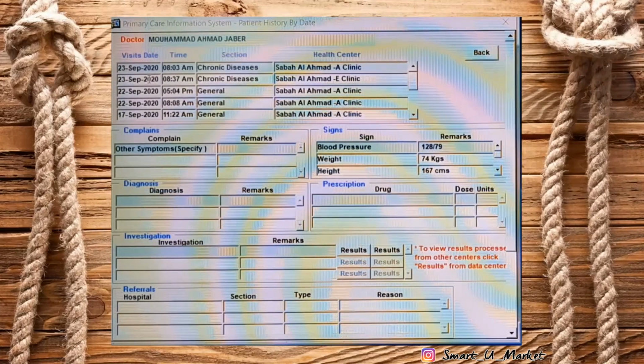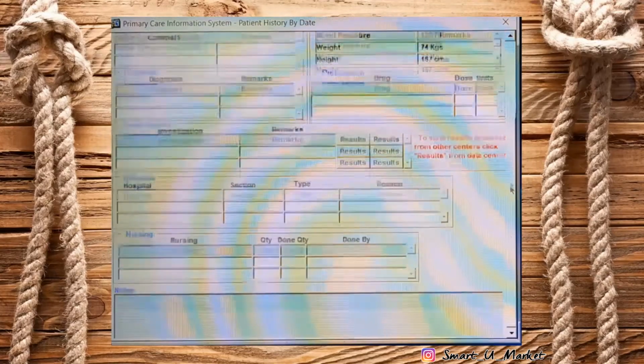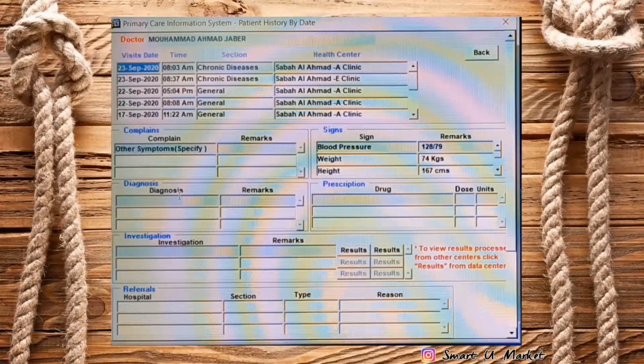Like this patient, who had multiple visits to the hospital on the 23rd of September, and the same day he came again to the E clinic. By that we will at least know the patient's complaints and why the patient visited the clinic, and we have to look into that. We must keep in mind whether the patient visited recently and whether he has a chronic problem.